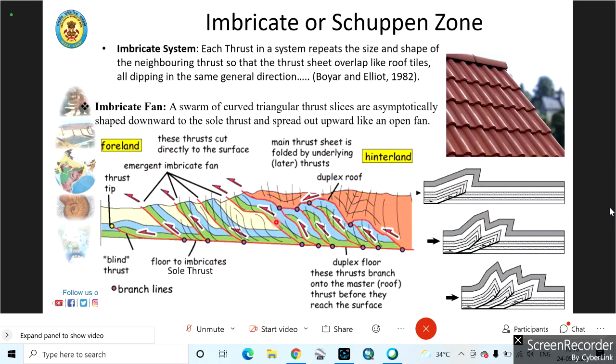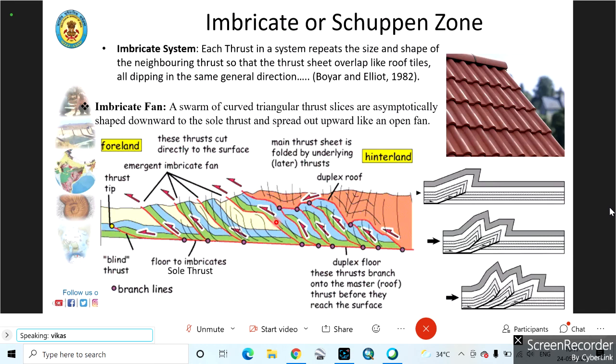All right, I will not be discussing too much over here about these structures. These are the imbricate structures you get in thrust belts. These are called imbricate fans. I had just put them up here because I'll be discussing something in one of the examples, a field case study. You can notice on the left side photograph, where foreland and hinterland are written, as we had already discussed about hinterland and forelands, there is a floor thrust or a sole thrust.